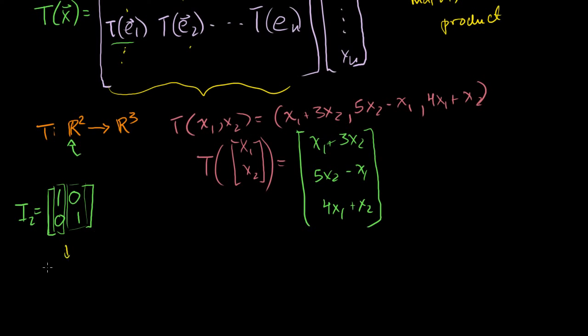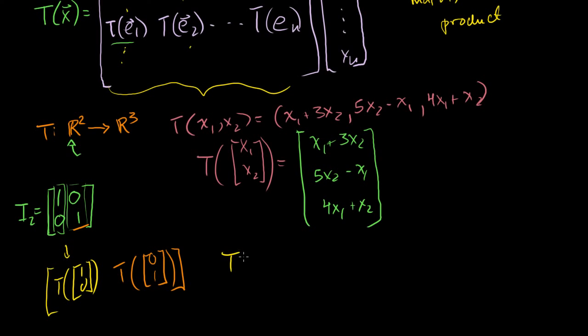I'm going to write it like this. T of the first column is T of this column, and then the second column is going to be T of 0, 1.